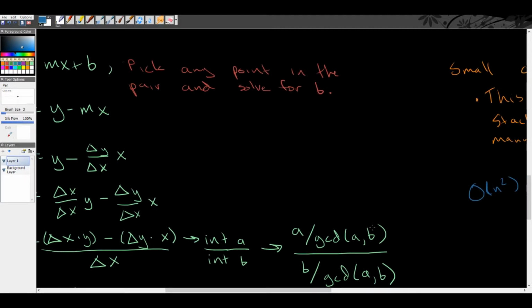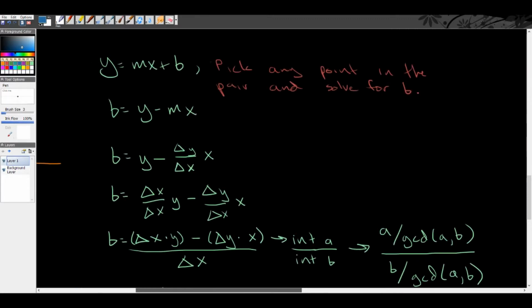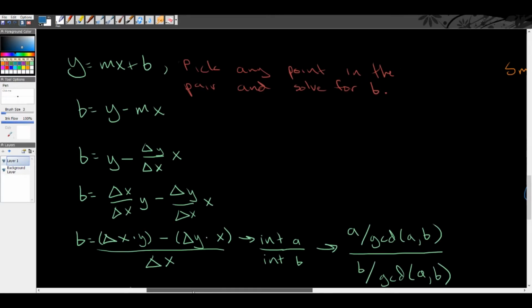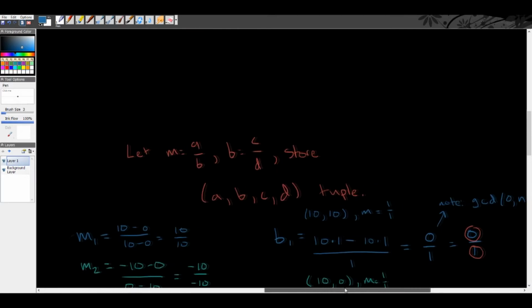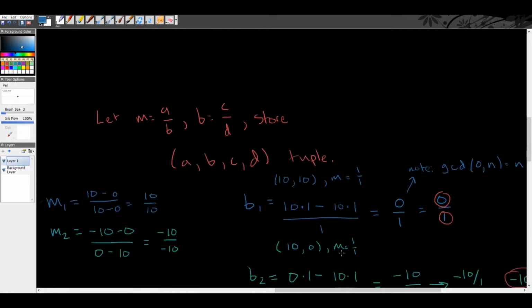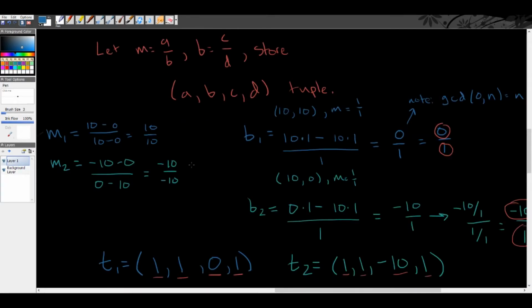And then we can divide both the numerator and the denominator by the GCD as well. So that will give us an exact form for b and an exact form for m, and then all we have to do is hash these values and count the number of points.